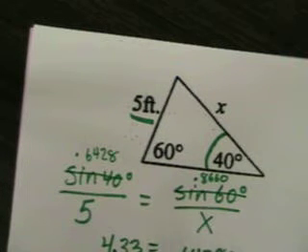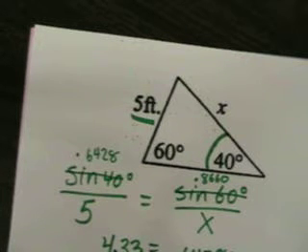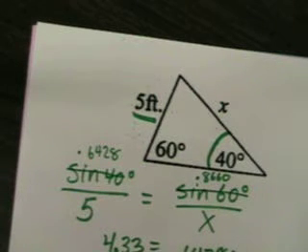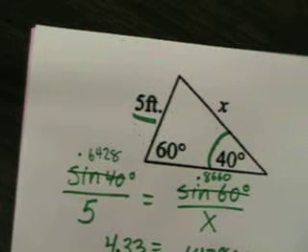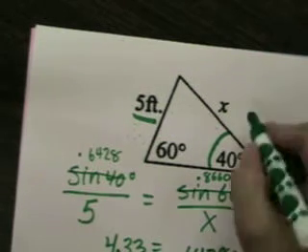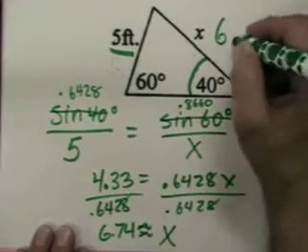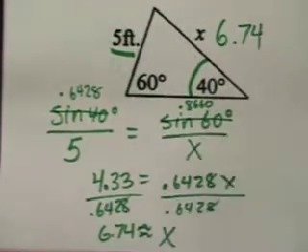Now I'm going to divide both sides by 0.6428. I get 1x on this side equals about 6.74. So I know that x is going to be 6.74. And I hope that helps.